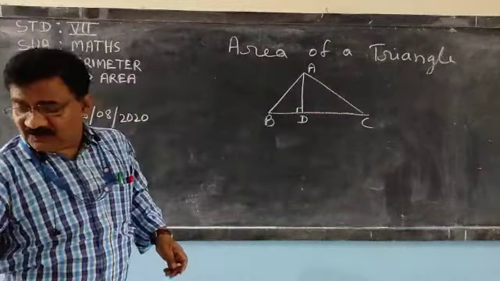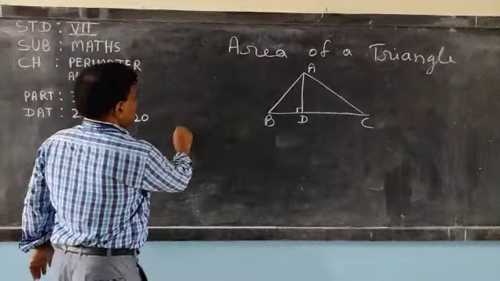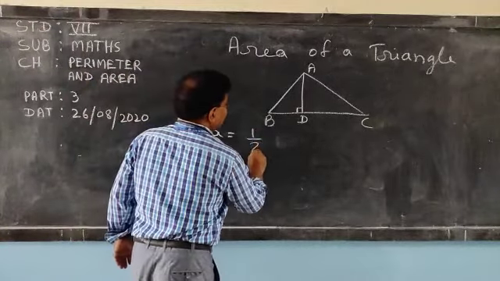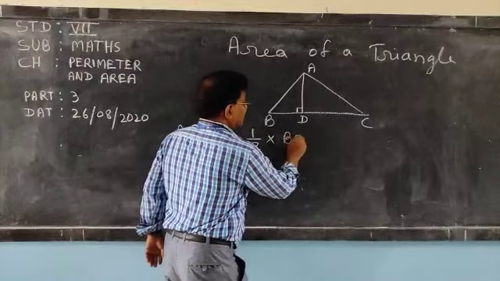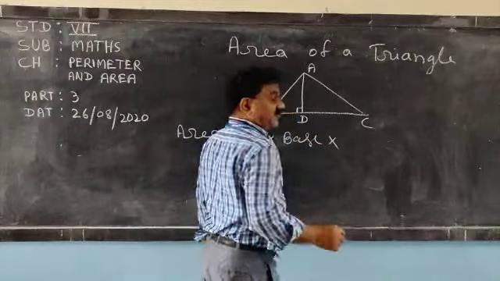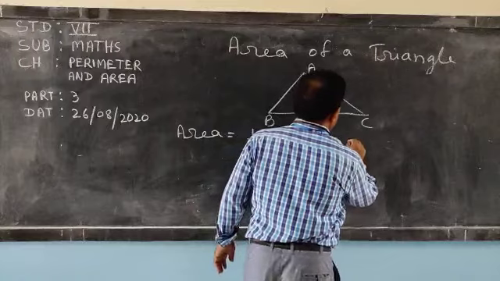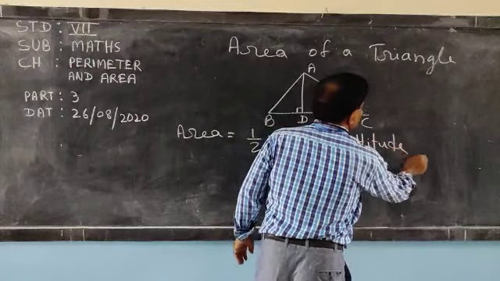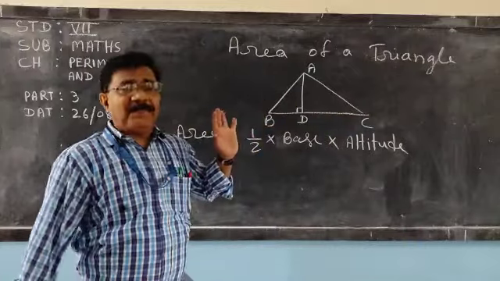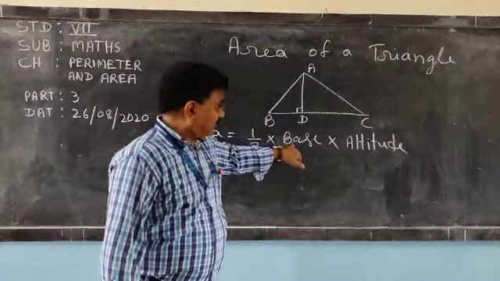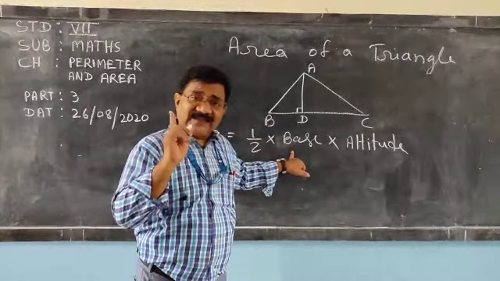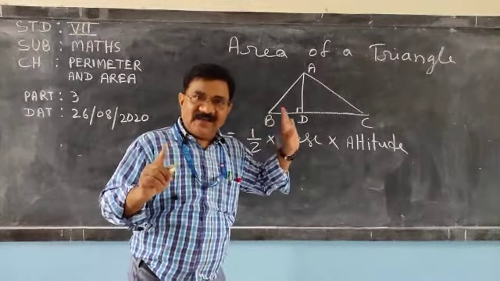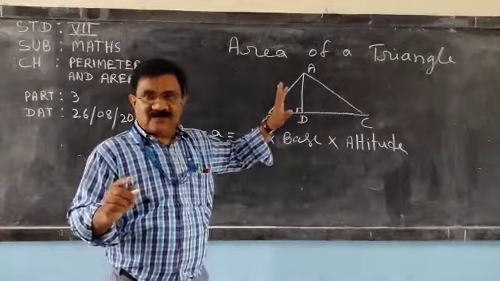Area will be equal to half into base into altitude or height. When the base, meaning one side, is given and the height is given, you can apply this formula.